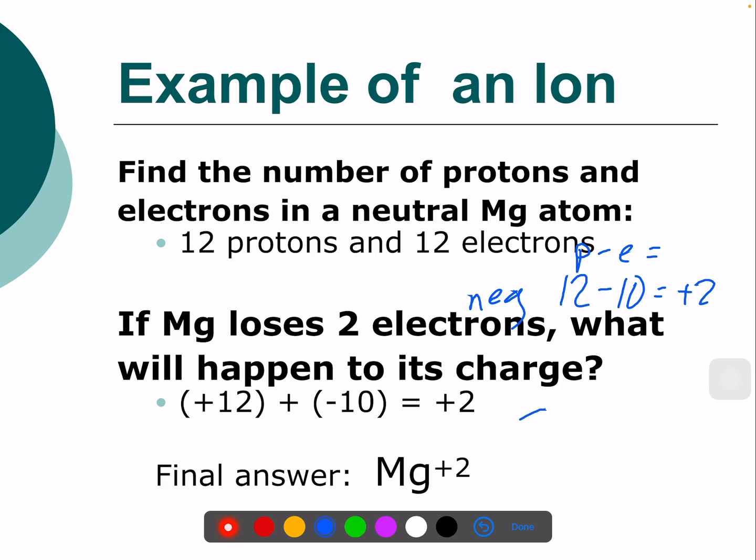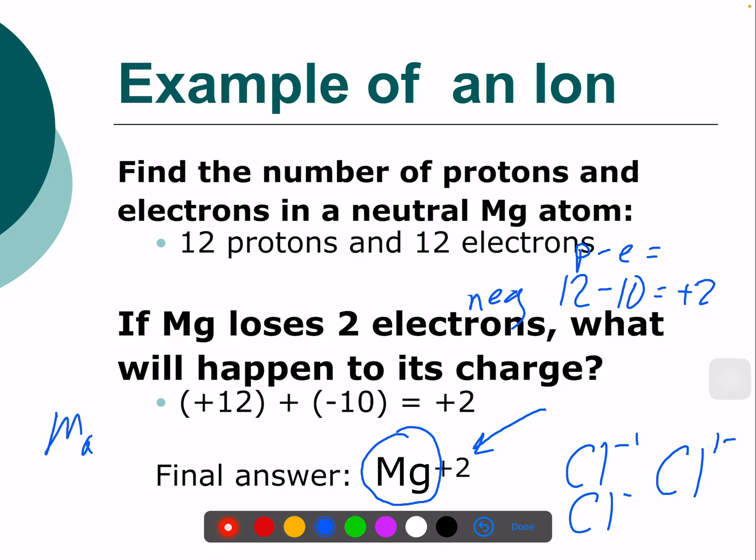It gives you the charge. Notice where that charge is. You have the symbol of the element, and then in the upper right hand corner is the charge. So you might see chlorine with a -1 charge. You might see magnesium like that, that's plus 2, or magnesium 2 plus.